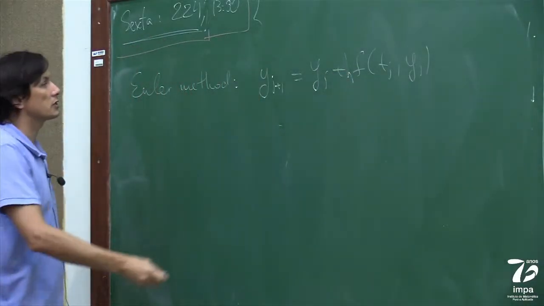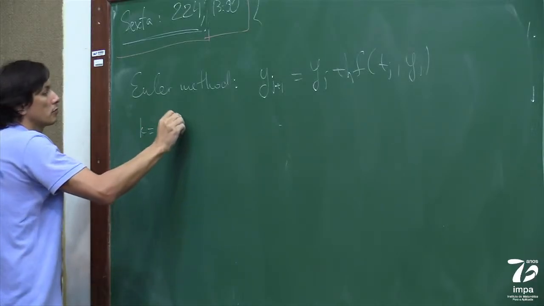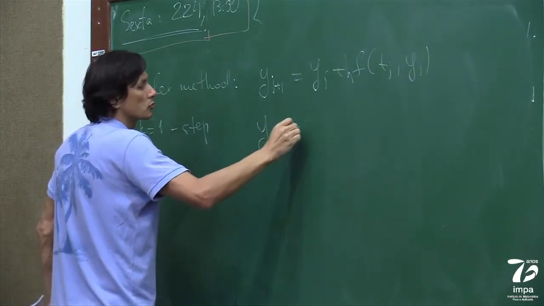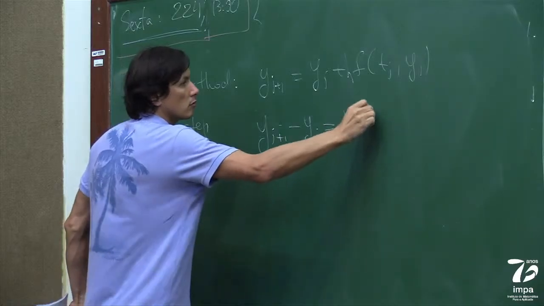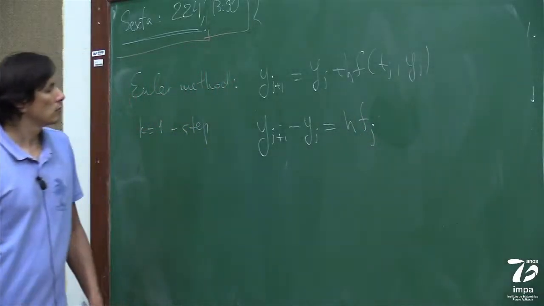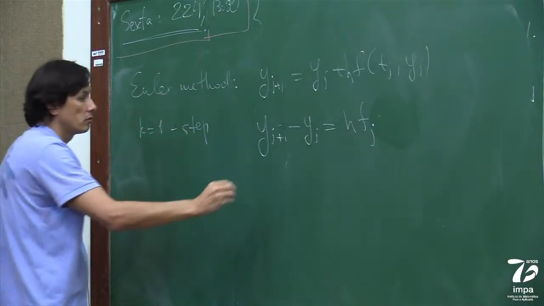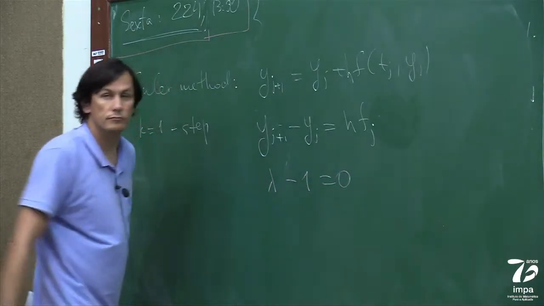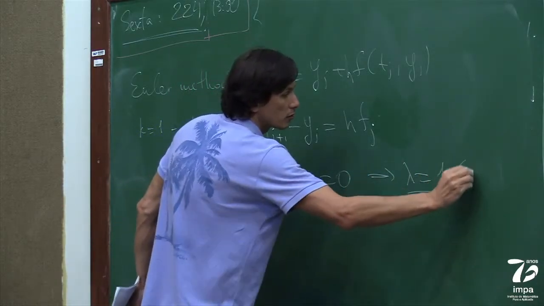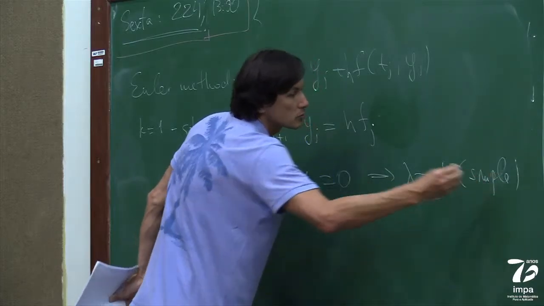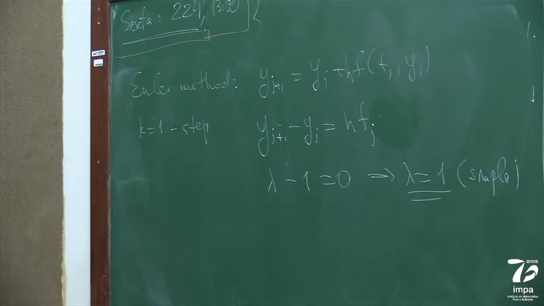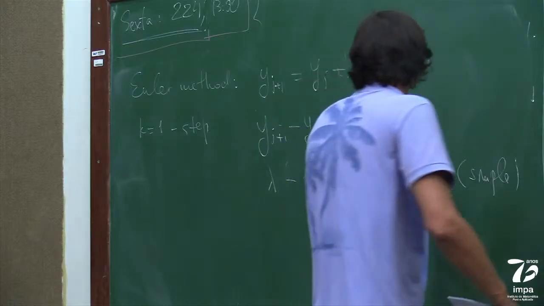So it's k equal one step, right? Which you just write as y_{j+1} minus y_j equals h f_j, putting it on the left. The characteristic equation would be lambda minus 1 equals 0. So for Euler, you exactly get this lambda equal 1 case. Simple already because it's just one root. So you see this satisfies the theorem. And you see lambda 1 is important in the theorem because already Euler gives you lambda 1.